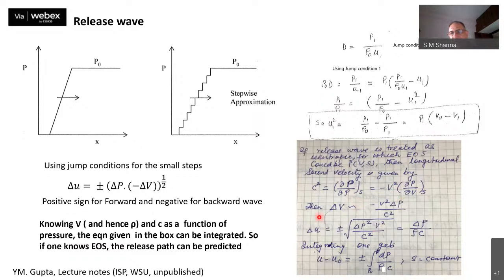And then delta V is equal to minus V squared delta P by C squared. So you can calculate delta U is equal to delta P divided by rho naught C. So one can therefore deduce U minus U naught is equal to this integral, dP over rho C. So if one knows volume as a function of pressure, one can integrate this and one can deduce how the release wave evolved.